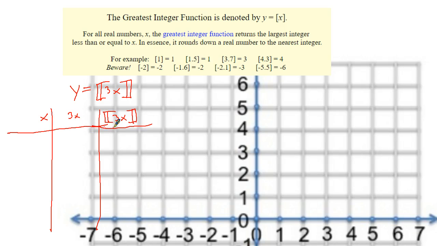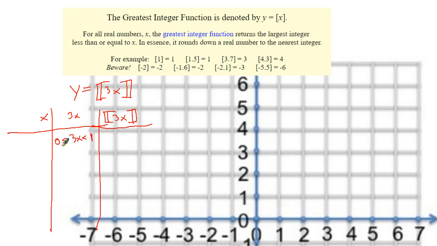So what are the kinds of things that we're curious about? First of all, I guess we might say, well, what happens when 3x is greater than or equal to 0 and less than 1?